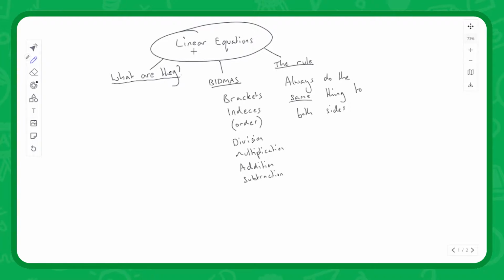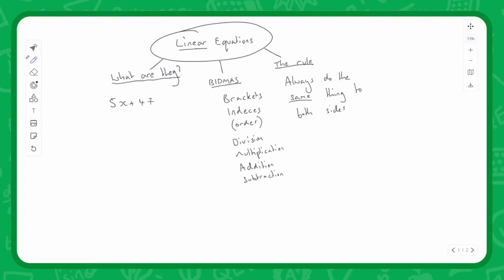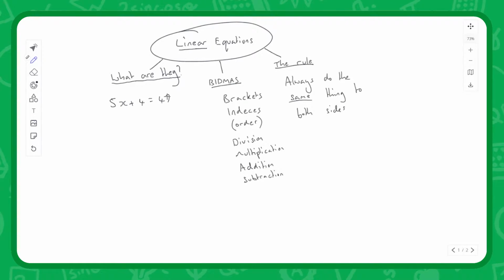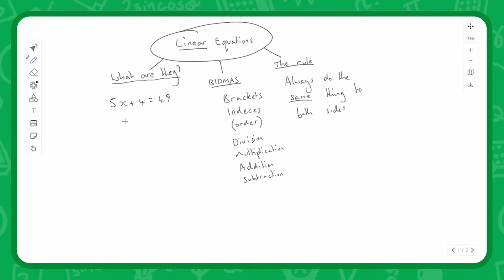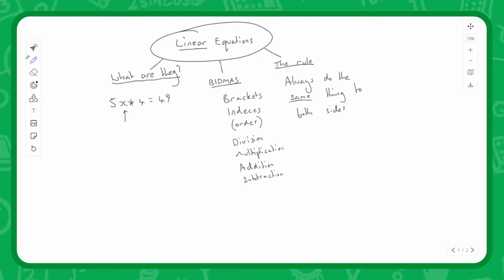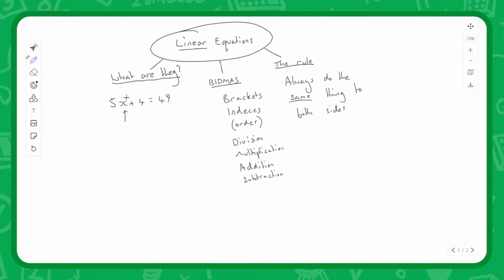So first of all, what are they? Well, the linear in linear equations basically refers to the highest power of x that is in our equation. So as an example, let's say we've got 5x plus 4 equals 49. In this case, we've got an x on its own. There's no x squared or x cubed. We could think of this as x to the power of 1.